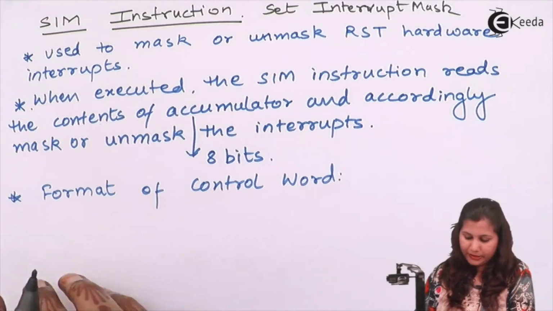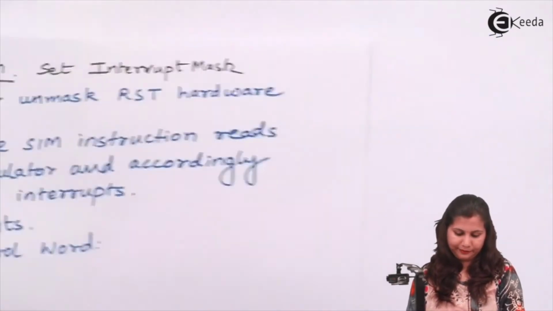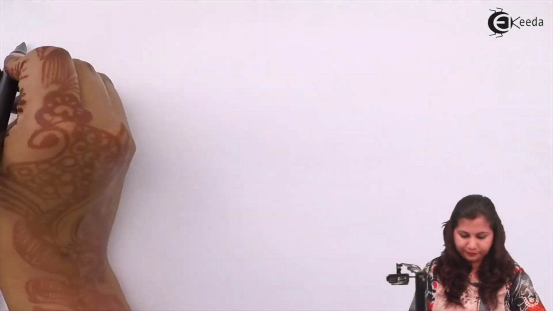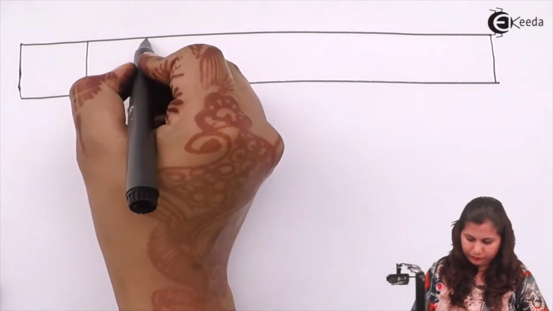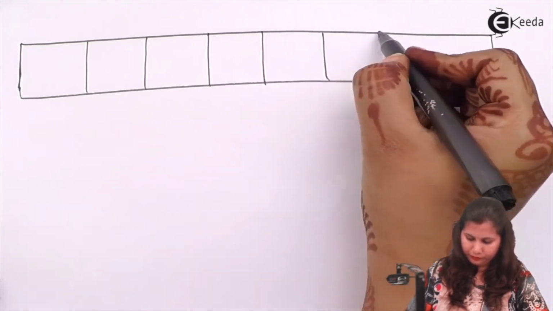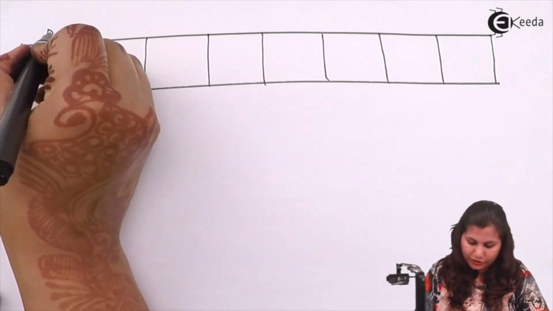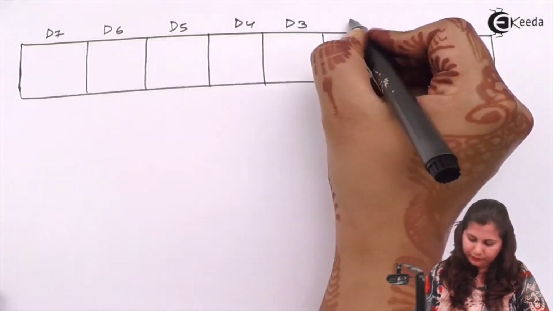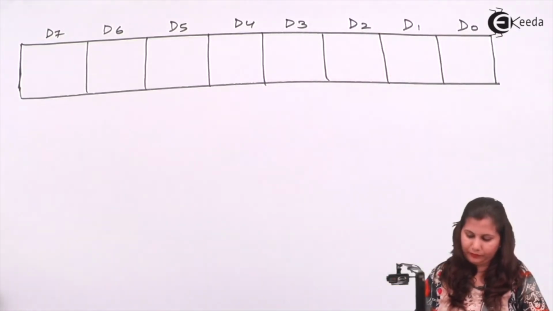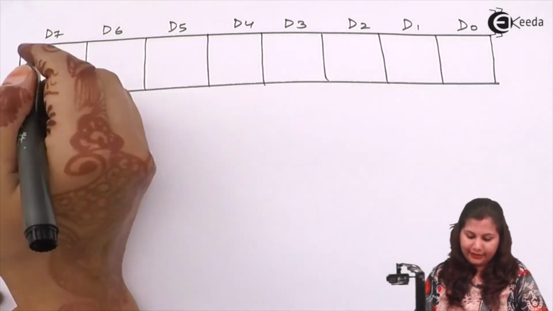We have 8 bits in the accumulator, and their positions are D7, D6 and so on. D7 is the most significant bit and D0 is the least significant bit.